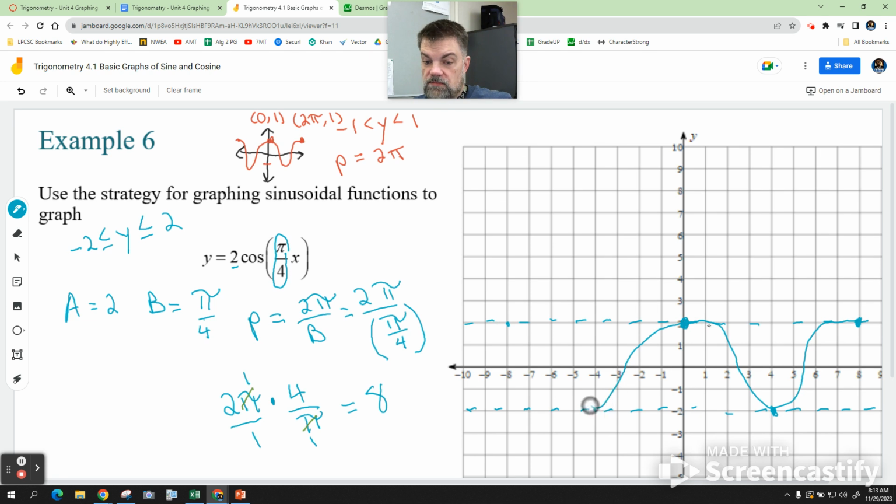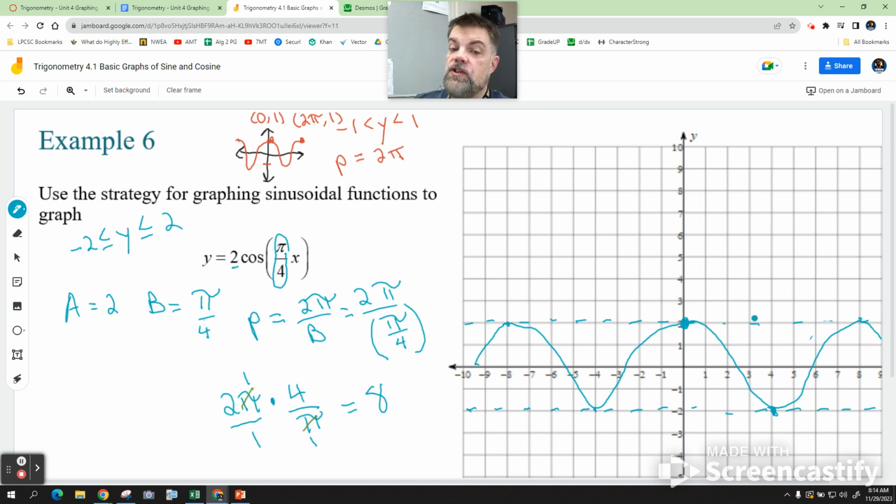That's a little better. That's really more what it would look like. I'm going to fix this one. So I'm going to go down. Okay? And then you just keep the pattern going. So that's what it should look like.